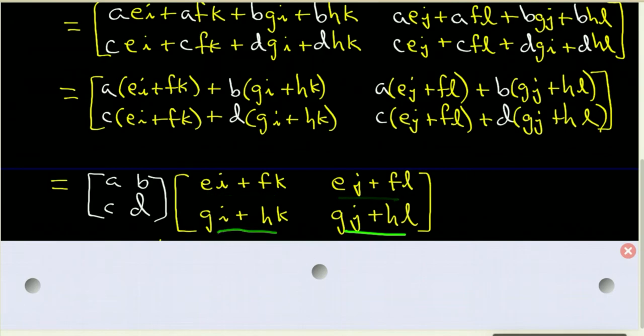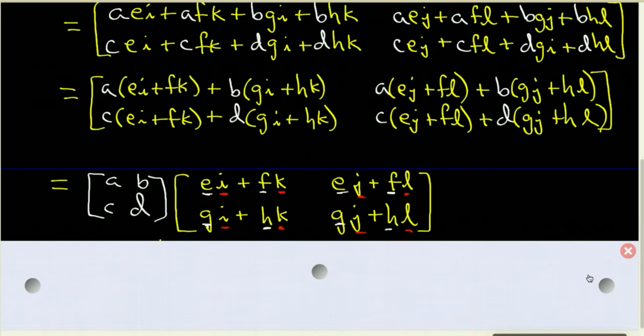And we can kind of see that if I do some highlighting and look at the fact that we've got an EF there and an EF there, a GH here and a GH there. And we also have an IK here and an IK there, a JL here and a JL here.